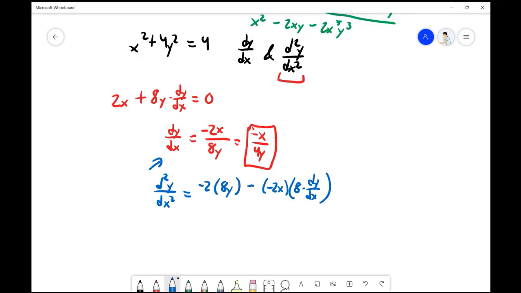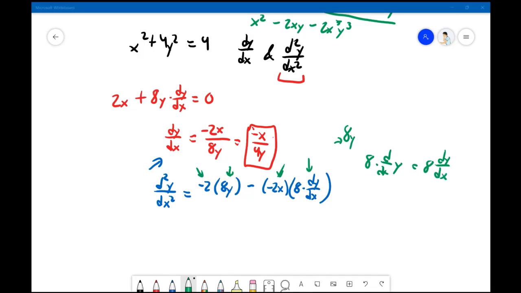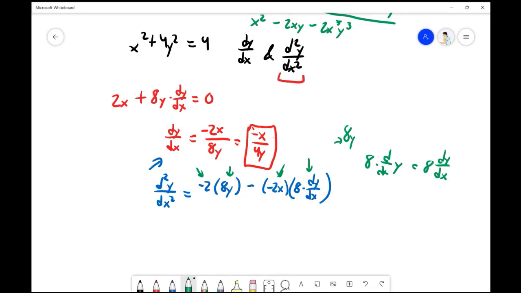This is the quotient rule: derivative of the first function times the second function untouched, minus the first function untouched times the derivative of the second function. Notice there's no chain rule issue, because in 8y, the 8 is a constant that can move out, so you get 8 times the derivative of y, which is 8 times dy dx. And that's the numerator.